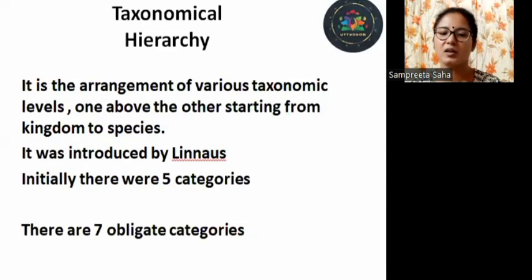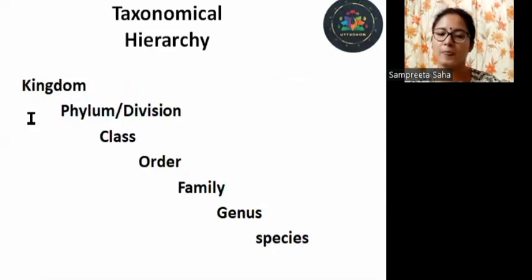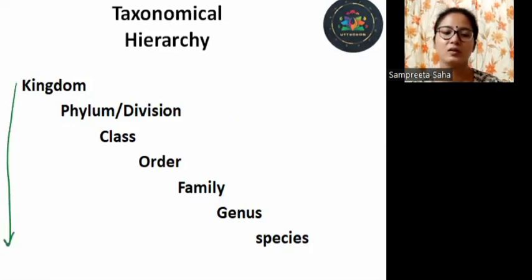So taxonomic hierarchy is the arrangement of various taxonomic levels, one above the other, starting from kingdom to species. So here you can see we are starting with the kingdom and we are moving to the species.